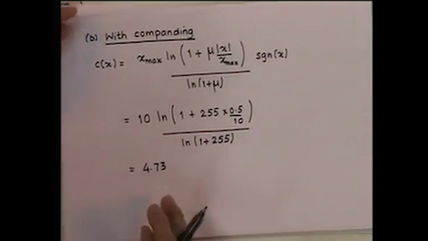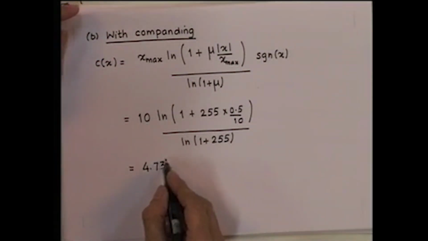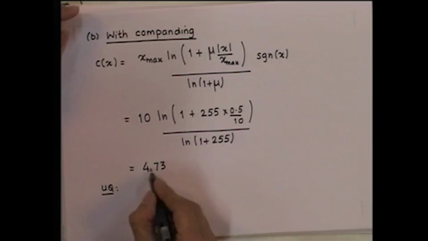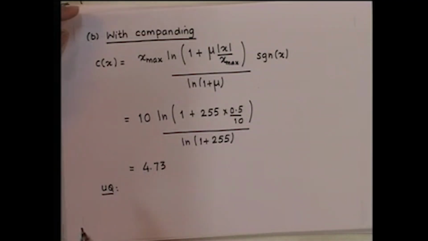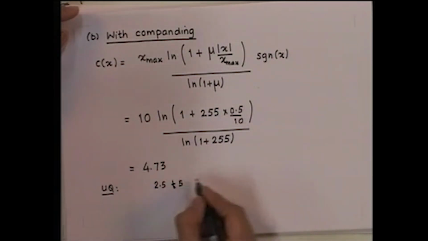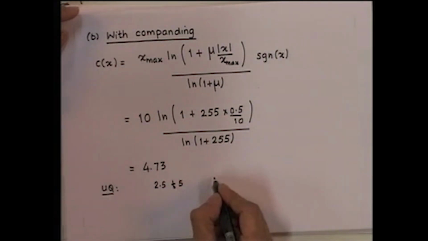The next step is to take the output of the compressor and feed it to the uniform quantizer. So, the next step is uniform quantization. Now, 4.73 lies between 2.5 and 5, and we know that the quantization step size is 2.5.